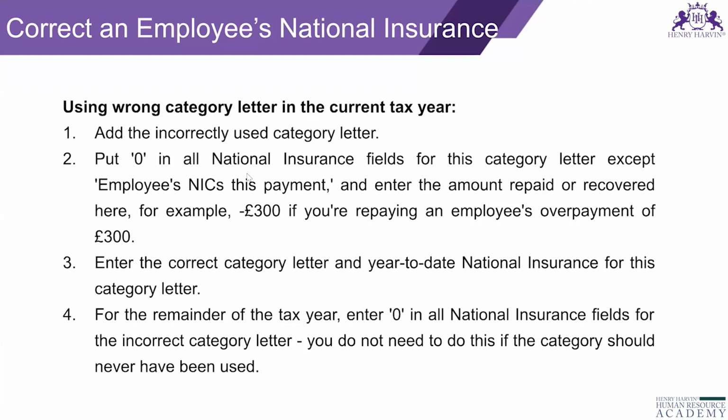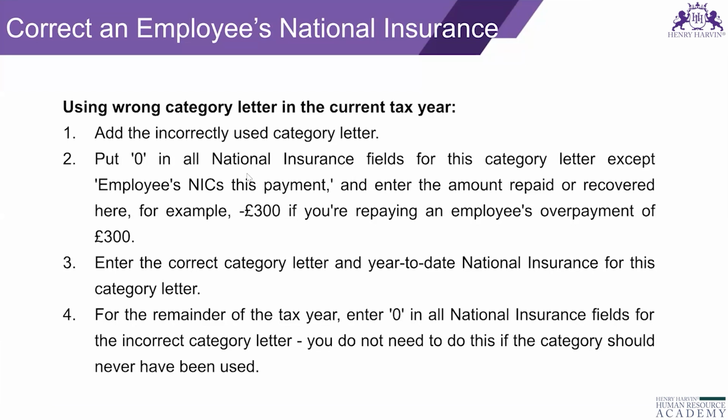Enter the correct category letter and year-to-date National Insurance for this category letter. The YTD information should always be correct, but the other NIC information should be zero apart from the contribution amount and the YTD figure.